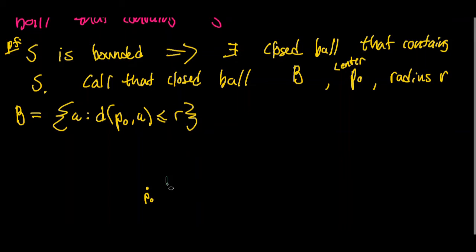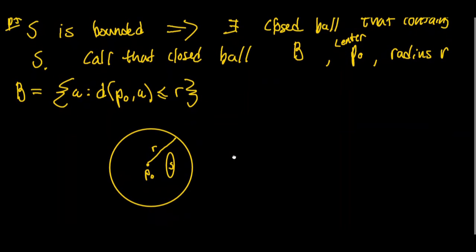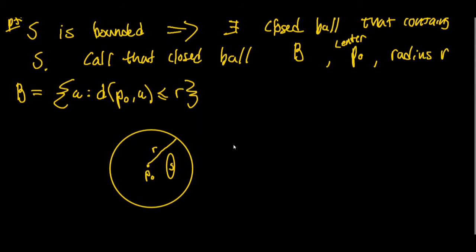We'll draw it like this, and we have our closed ball that contains S. And here's S. This closed ball has radius R. And we want to show that given any point Q in our metric space E, there exists a closed ball with center Q or an open ball with center Q that contains our bounded set S.